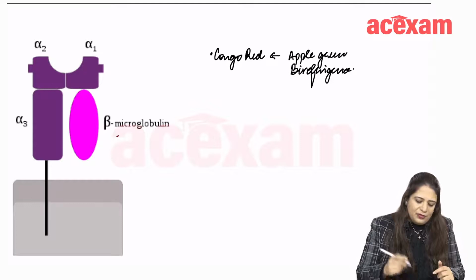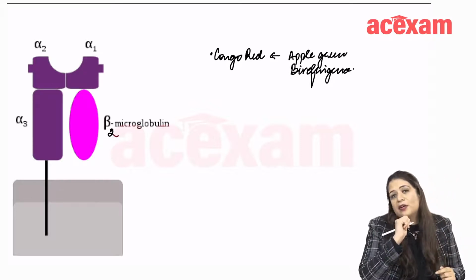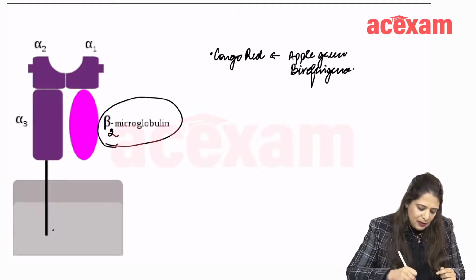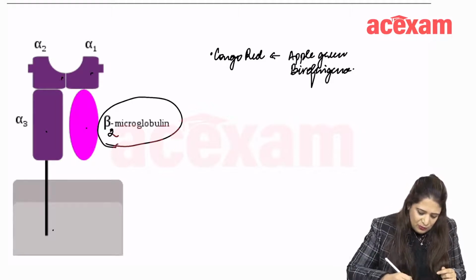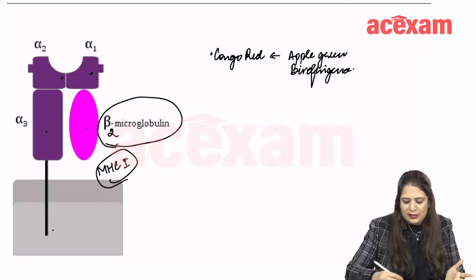Then I have made this picture for you, that where else have you heard of this term beta 2 microglobulin. So this beta 2 microglobulin is part of this structure which is known as the MHC 1 molecule, which is present on all the nucleated cells.